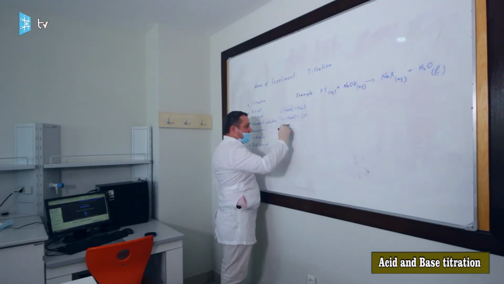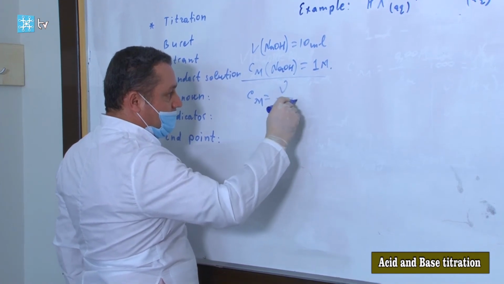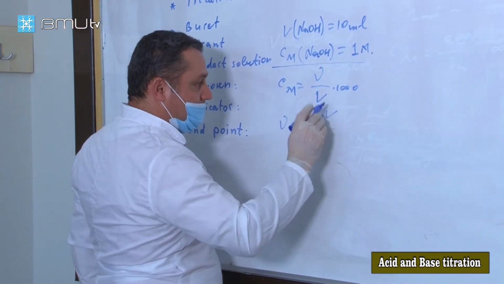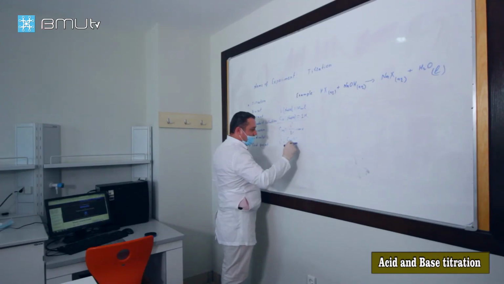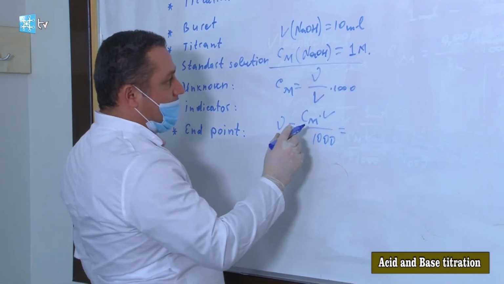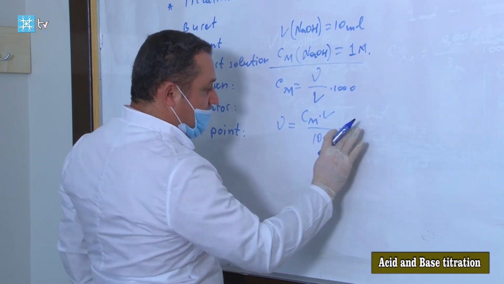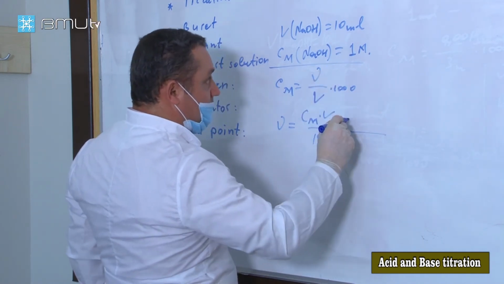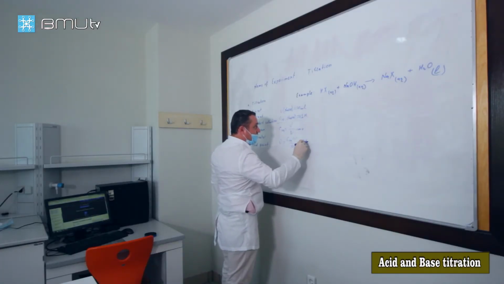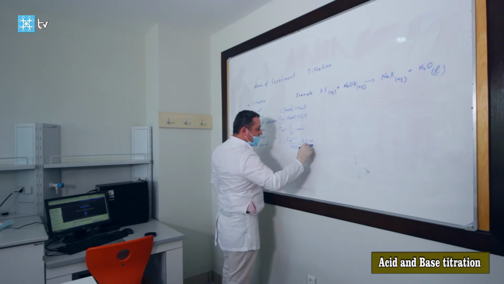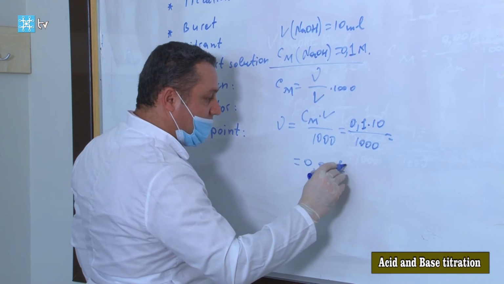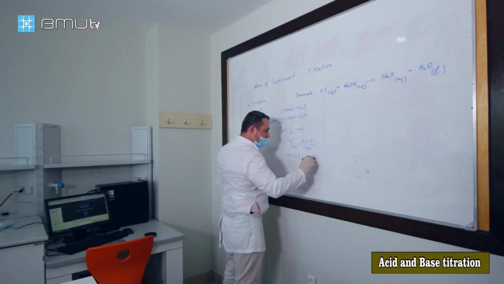Use the molarity equation: molarity multiplied by volume divided by 1000. This equals 1 times 10 divided by 1000, which equals 0.01 mole sodium hydroxide.